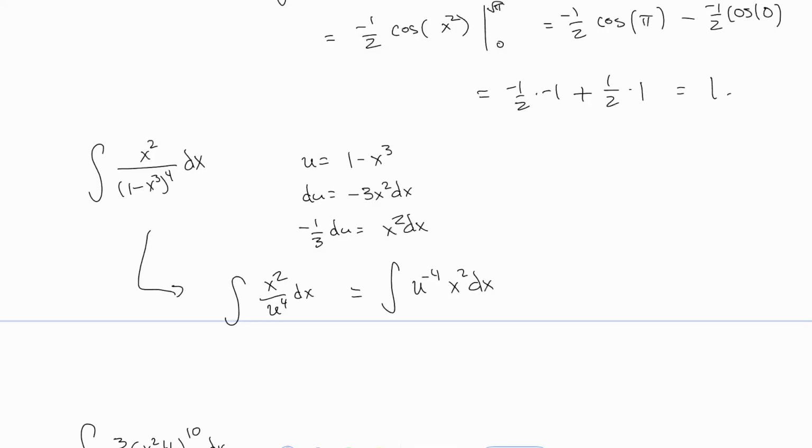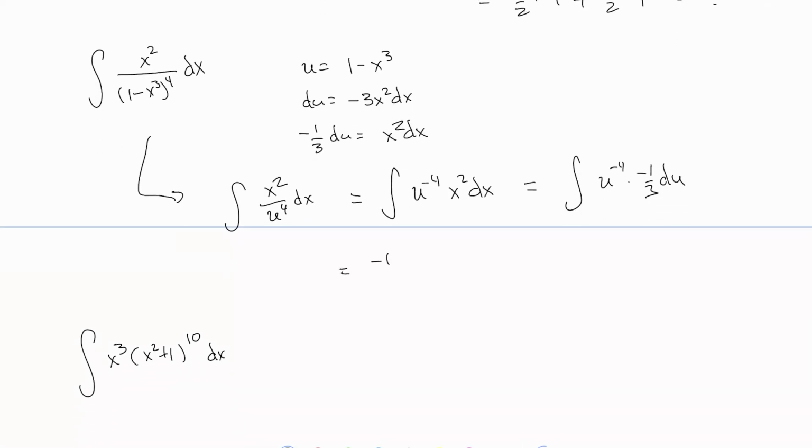And then x squared dx is negative 1/3 du, so this is now the end of my substitution, negative 1/3 du. And as always, you can move the constant outside the integral. So minus 1/3 integral u to the -4 du, like so. That's a 4. Sorry, sometimes my u's look like 4s. It's all right. I am a work in progress.